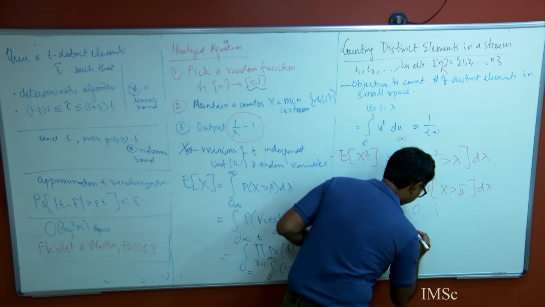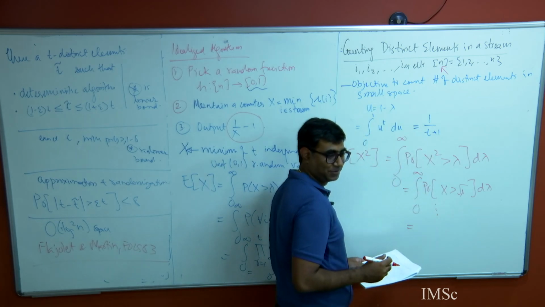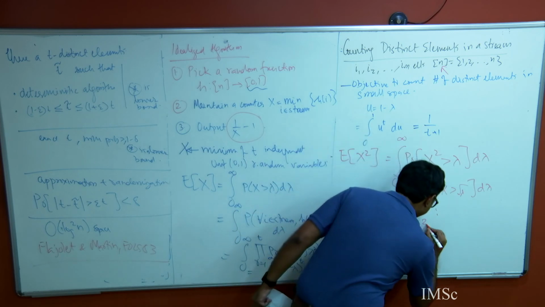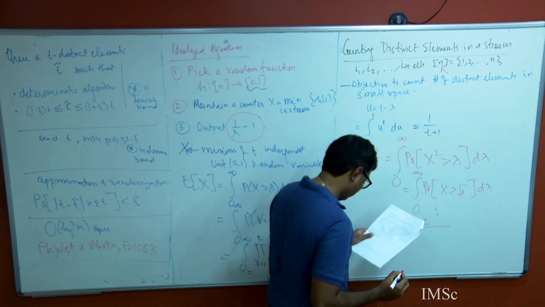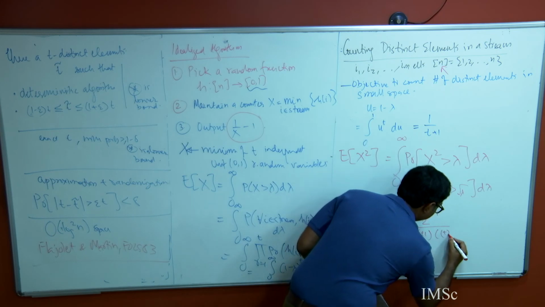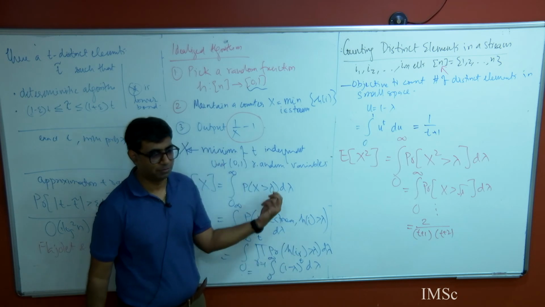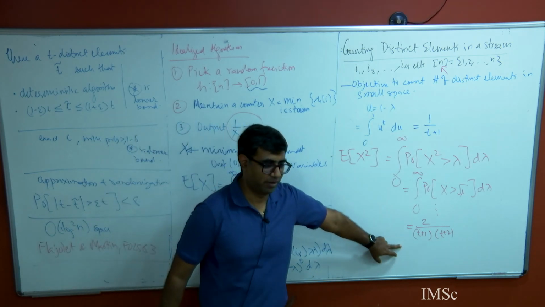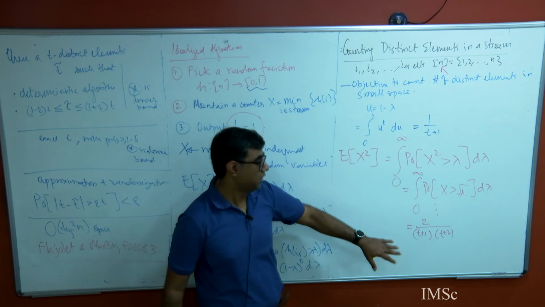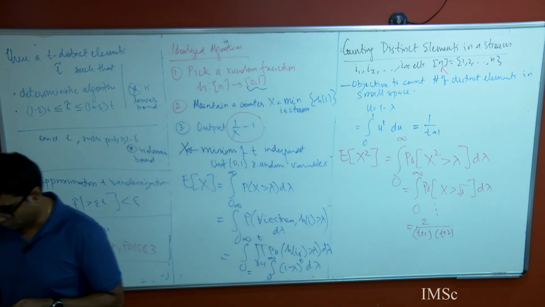Please do the computation, I will tell you what number comes. It will come 2 to the 2 t plus 1 times t plus 2. You can just do a similar kind of substitution, but this is the number you will get. How you get it is not important, it's a usual computation.